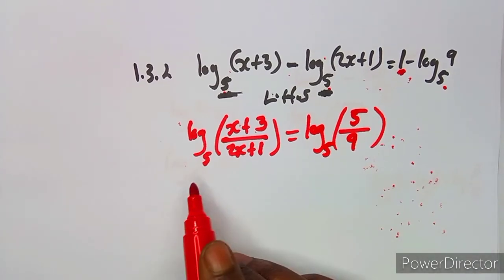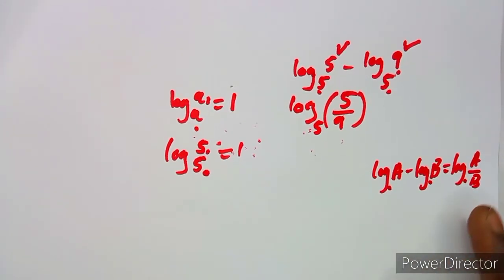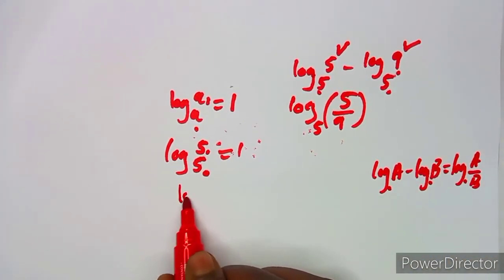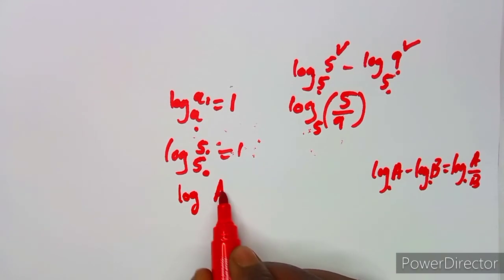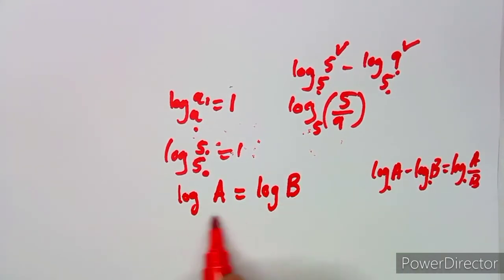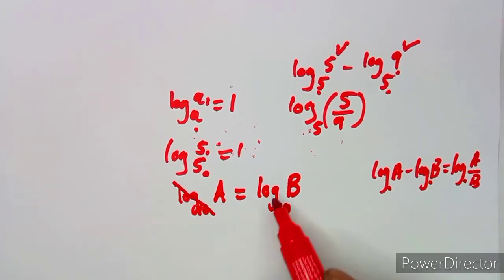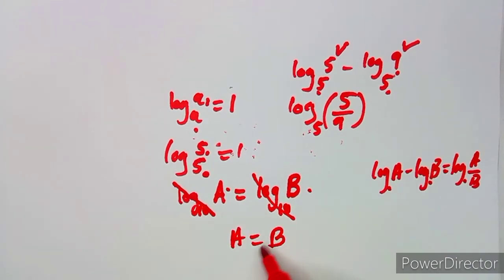We know that whenever the logarithms are equated and are the same, the logarithm of a is equal to the logarithm of b. When these two are equal and the bases are the same, you can actually cancel them to say a is equal to b. That's what you can do in an easier way.